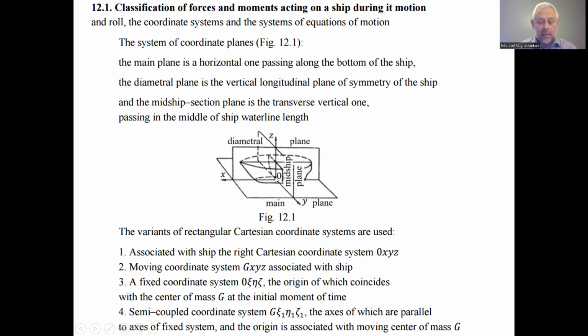This is like rolling, heeling. The rotation around the y-axis, the ordinate axis, is trimming, and the rotation around the applicate axis is yaw.